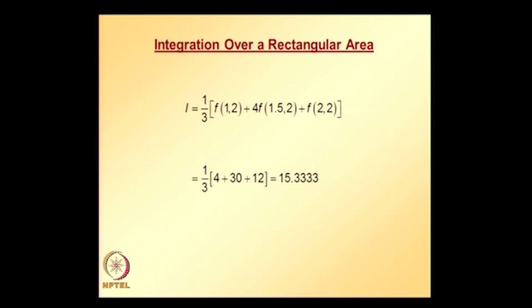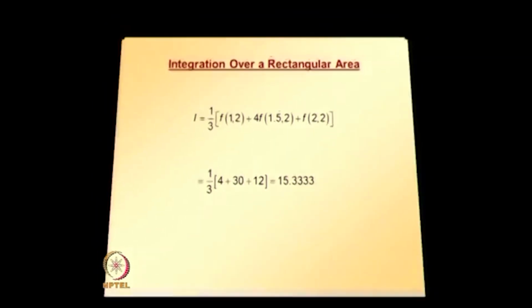Or if the function is of order n along the x direction and of order m along the y direction, then we need to use n plus 1 points along x and m plus 1 along y to get an exact solution using any of these rules, that is the trapezium rule or Simpson's rule, for a rectangular area.